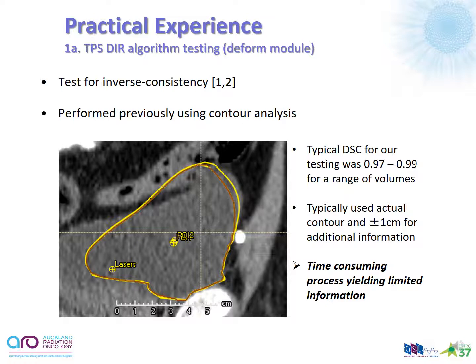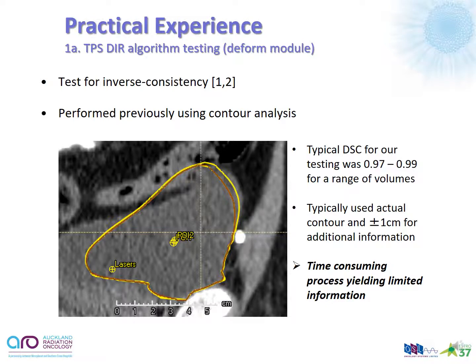And in this example, the results were between 0.97 and 0.99 for a variety of different volumes of bladder. Now, although this seems actually pretty good in terms of the dice similarity coefficient, you can see here that there is a large difference on the anterior superior portion of the bladder, which may or may not be of concern.